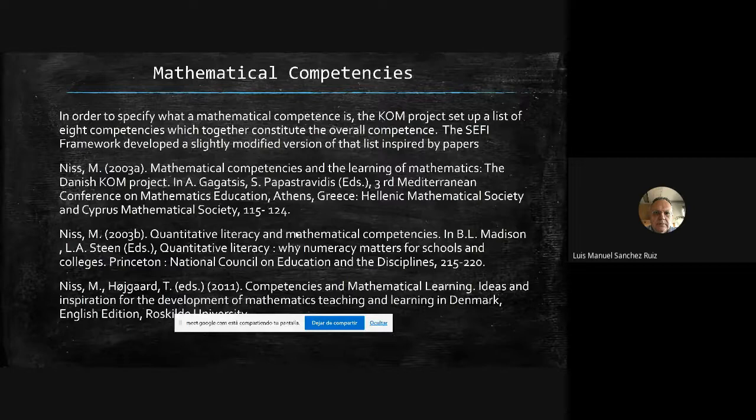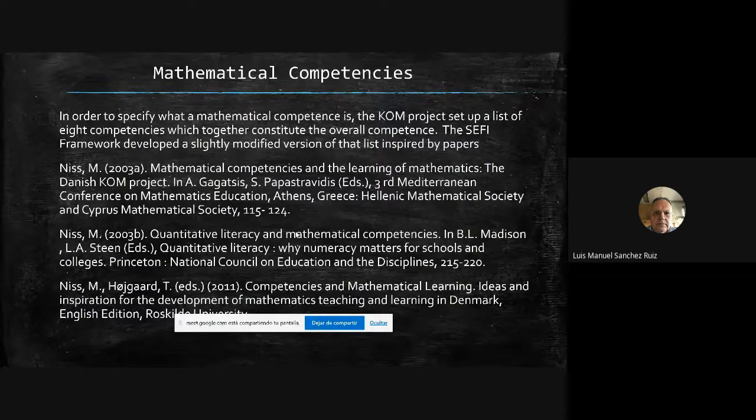And usually, as it happens in science, we never start from scratch. There are always some people that have been working on the same issues in advance, and we can take advantage of that, and that is what they did. There was a Danish project that had been working on these ideas, and they got 8 competences, and putting all together, it was a general overall competence that was important for engineers.